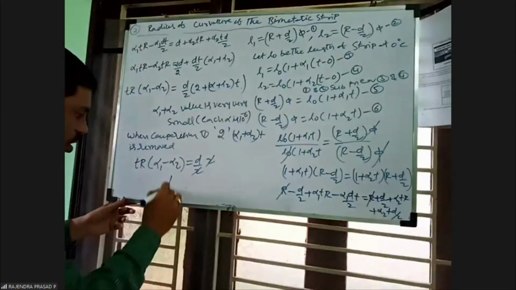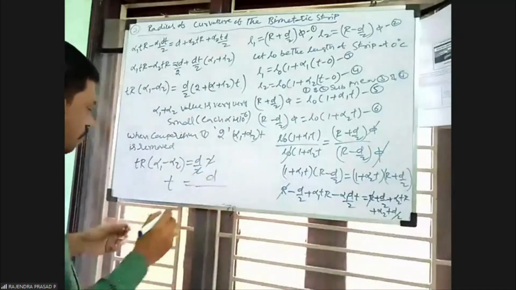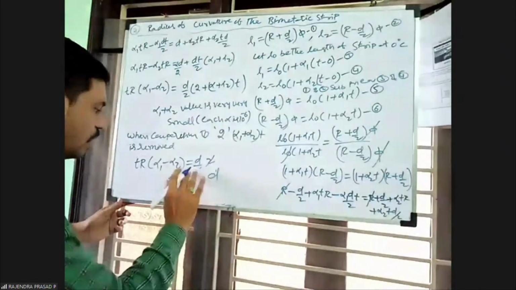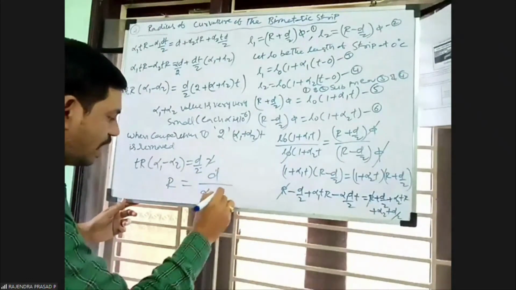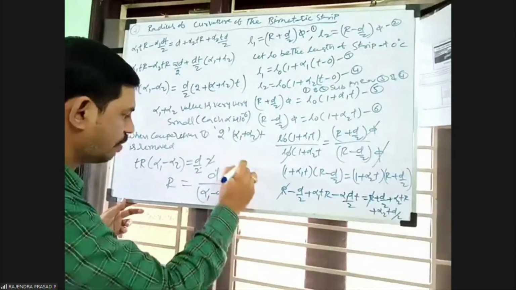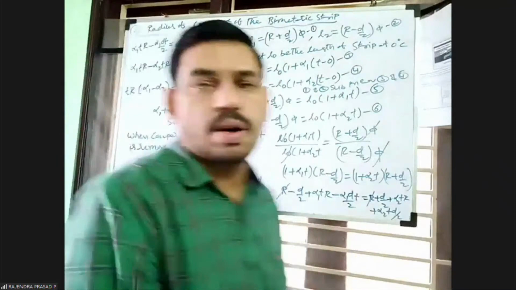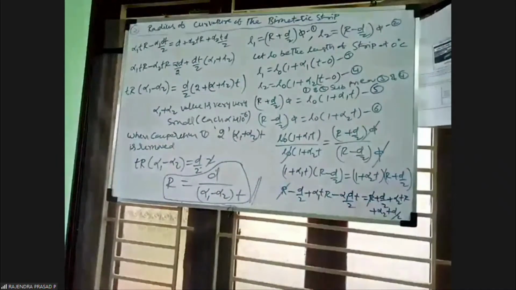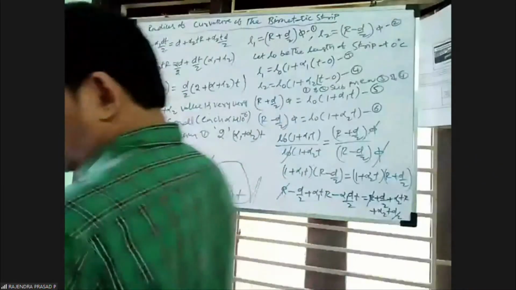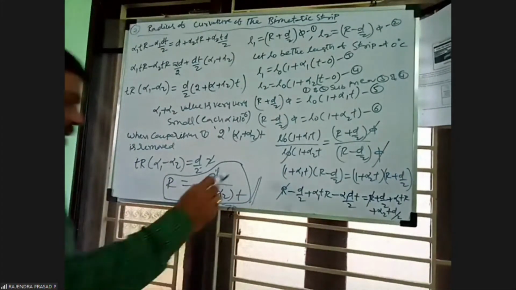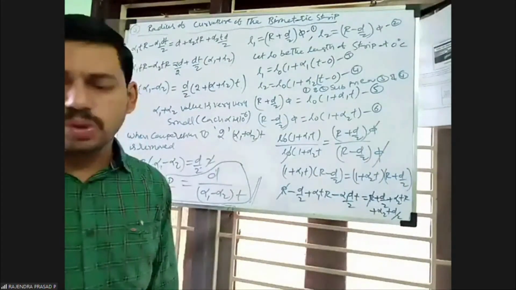So the radius of curvature R is equal to d by (alpha 1 minus alpha 2) into T. This is the final formula. The derivation and the final formula are important. So the radius of curvature of a bimetallic strip is R equal to d by (alpha 1 minus alpha 2) into T.